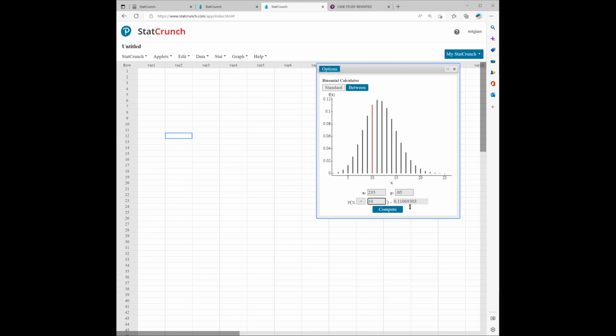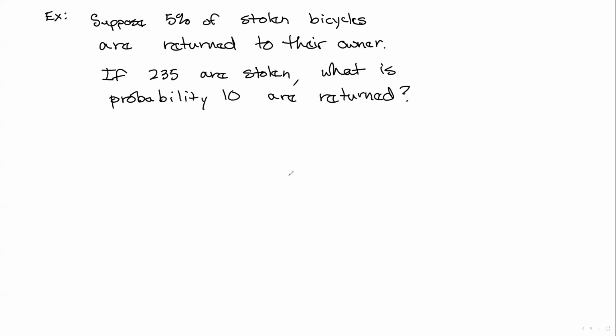Okay, so that's how we could go through and calculate that result. You just have to bring up that binomial calculator and enter the appropriate values. In this case, I didn't write it on the previous page, but what would our notation be?